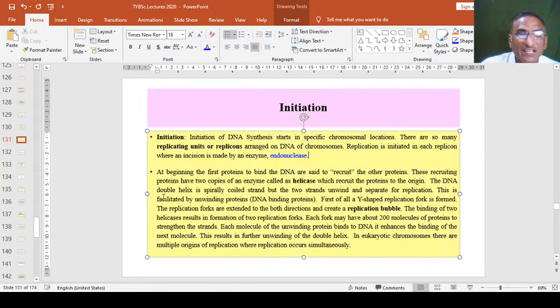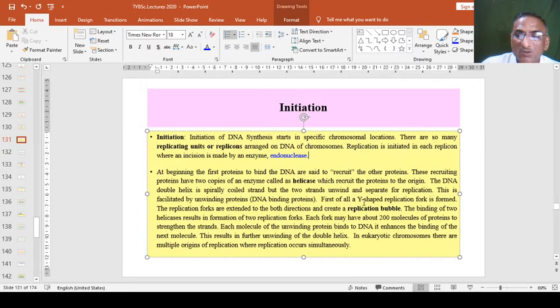The DNA double helix is a spirally coiled strand, but the two strands unwind and separate for replication. This is facilitated by unwinding proteins, that is, DNA binding proteins.